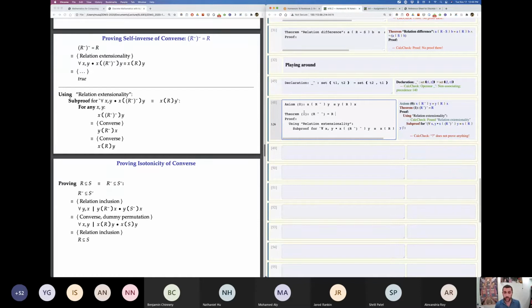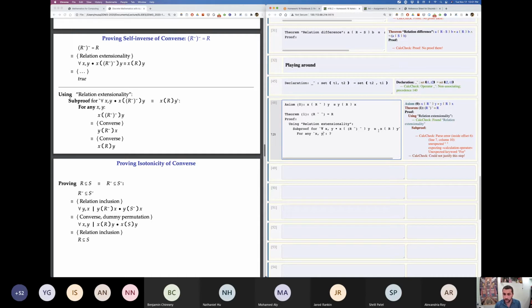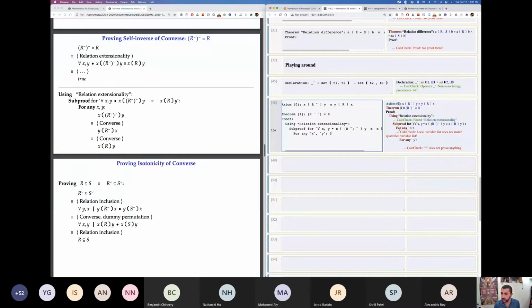So A is a parent of B means B is a child of A, the other way around. And we're saying if you flip the flip, you get back where you started. So we have it for any X, Y.